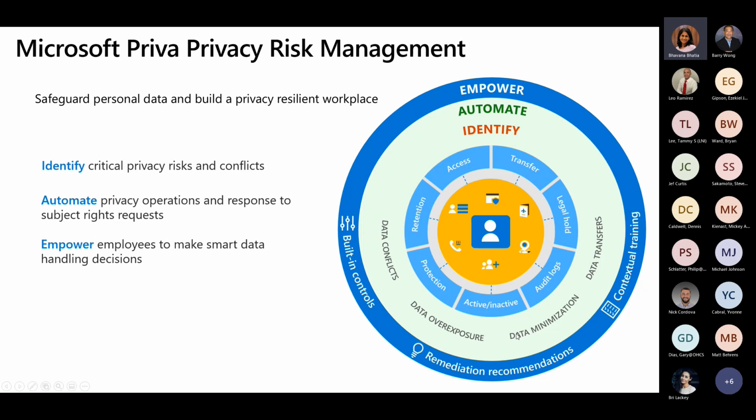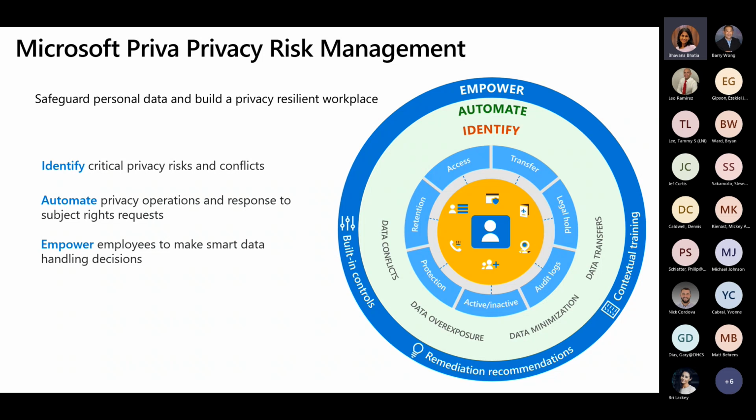We can see if the personal data is really old and hasn't been used in a while, and maybe it is no longer required by the organization. Then we can see if the personal data is being transferred between various departments of the organization, or maybe transferred outside the country, and so on. This way you will be able to correlate that data to identify critical privacy risks.